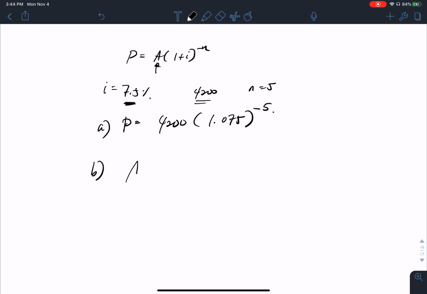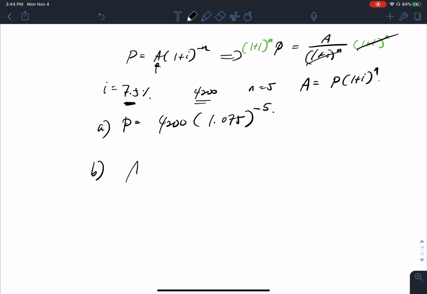Okay, so we can actually switch this back. This actually means P equals A over 1 plus I to the power of N. So A is, if you multiply both sides by 1 plus I to the power of N, that cancels out, and A is the principal times 1 plus I to the power of N.